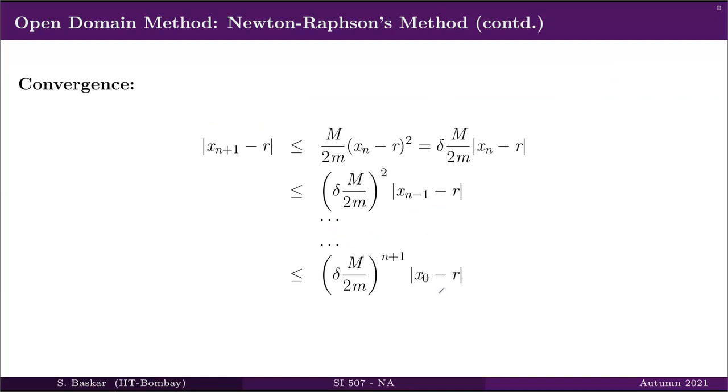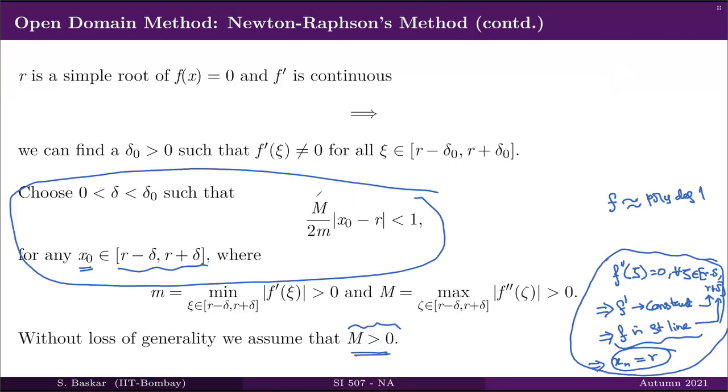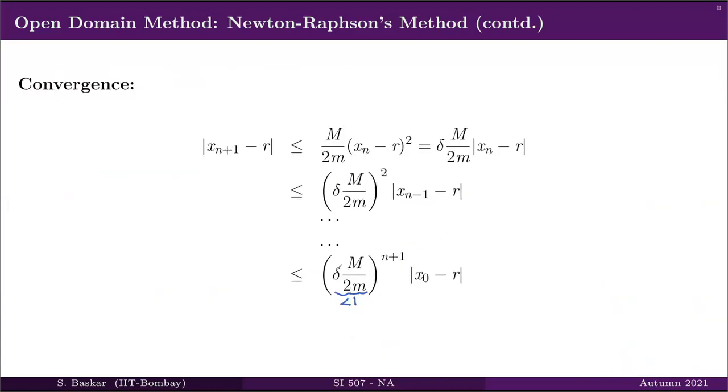Now remember, we have chosen our x naught such that this term is strictly less than 1, right? If you recall, that is what we have chosen here. Remember, we have chosen x naught in this neighborhood, therefore this is less than or equal to delta, right? Therefore m divided by 2m into delta is strictly less than 1. That is what I'm trying to say here, and that is raised to n plus 1.